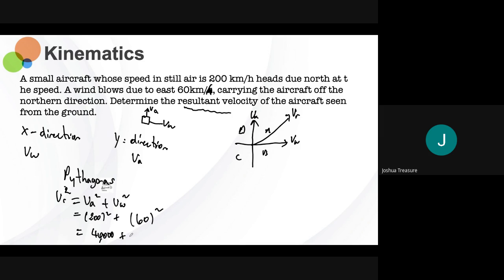And 60 squared? 3,600. All right, and VR squared is equal to, what's the total?